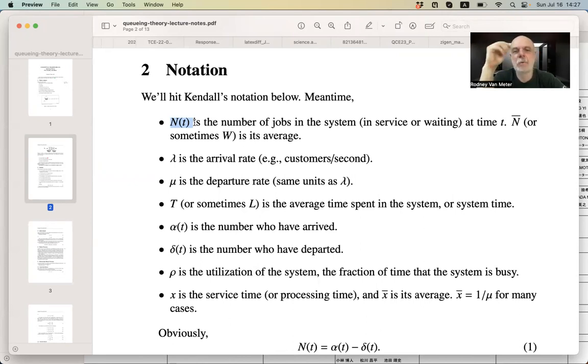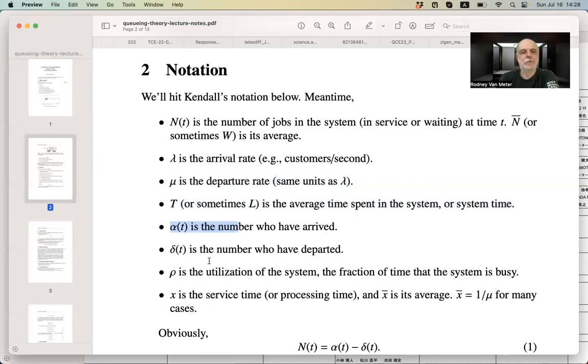This n bar, or sometimes w, is the average number of jobs in the system. Lambda is the arrival rate, the number of customers per second. Mu is the departure rate, which needs to be in the same units as lambda. Capital T, or sometimes capital L, is the average time spent in the system, also known as the system time.